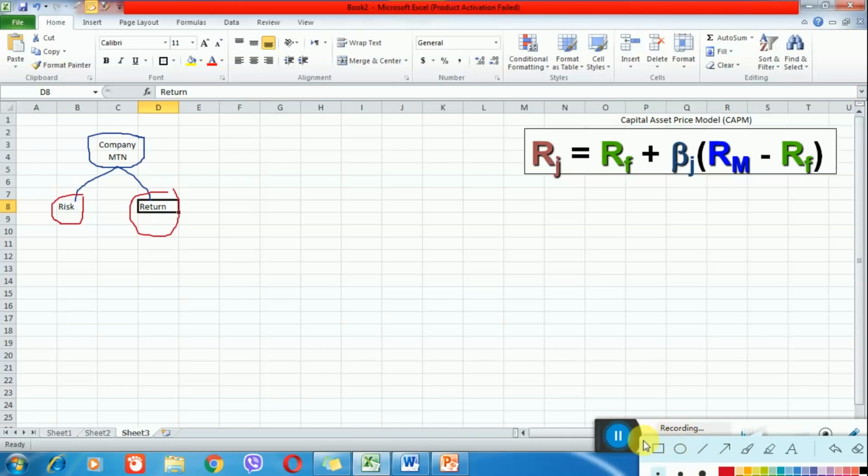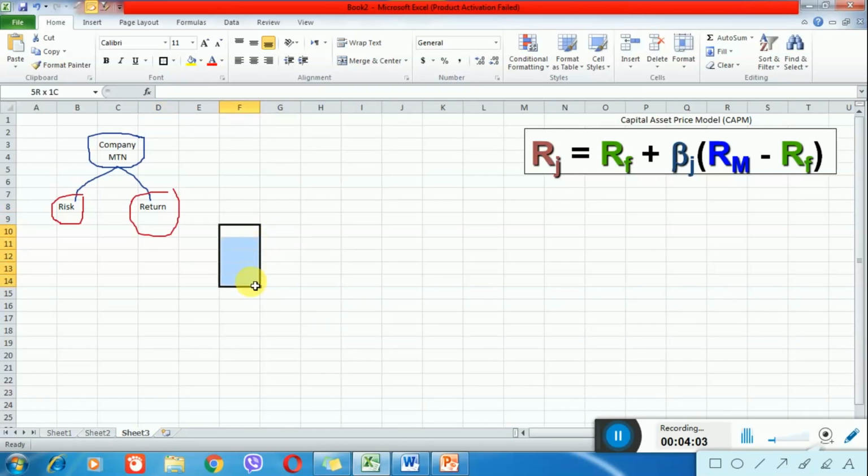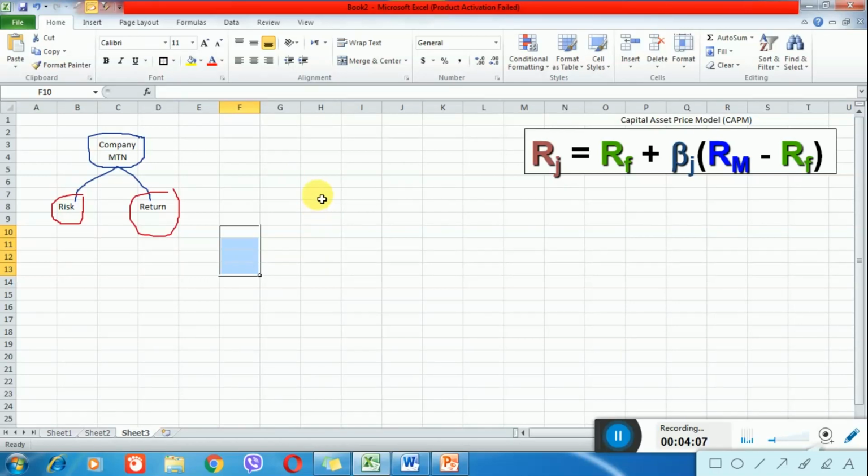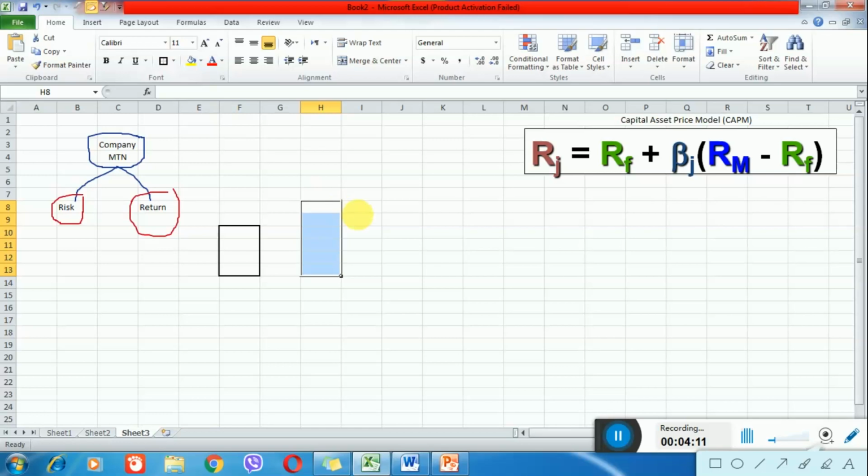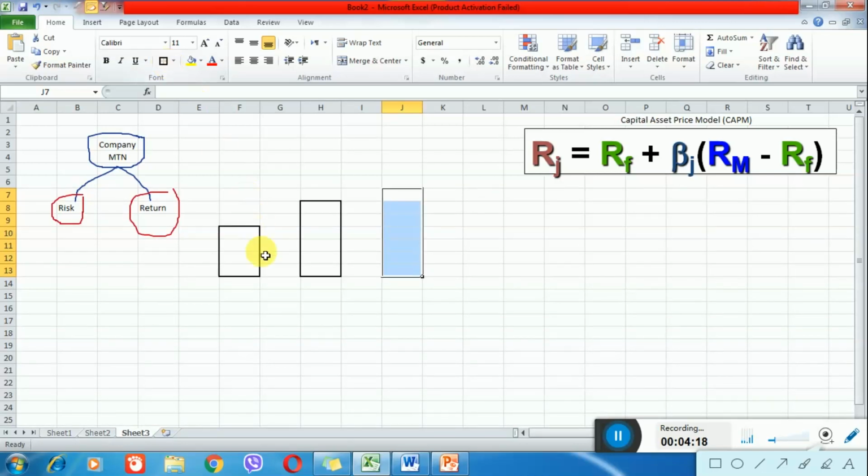Okay, let me explain it further now. Assume there are three opportunities for you, right? This is one opportunity, this is another opportunity, and this is the third opportunity we have. The first opportunity is the government, right?